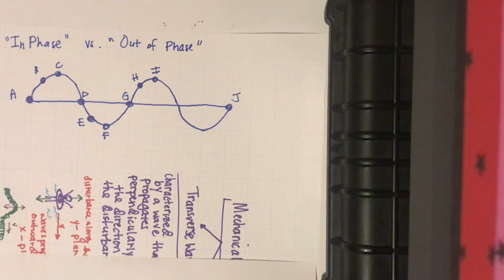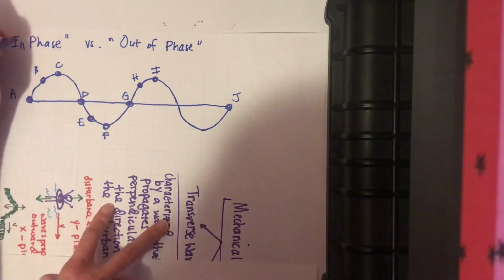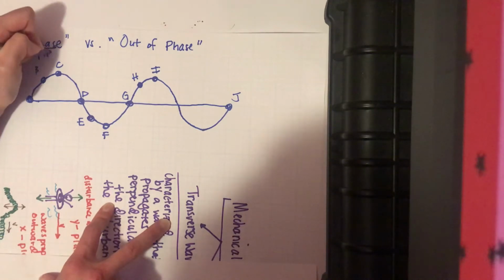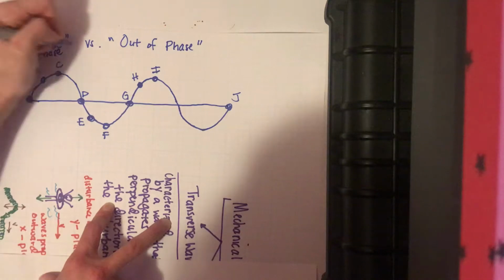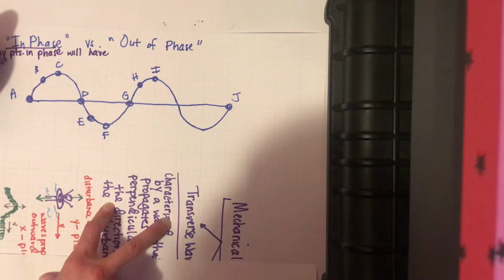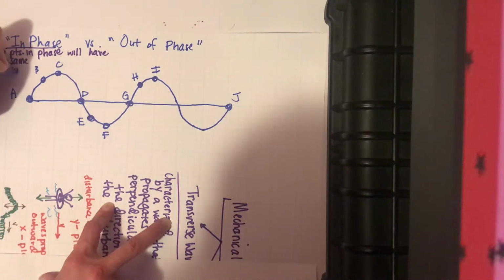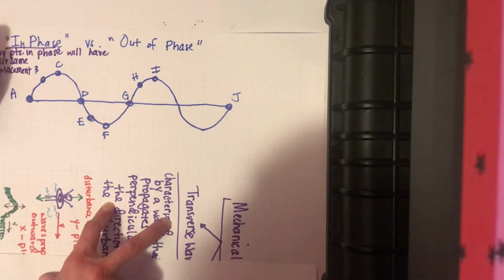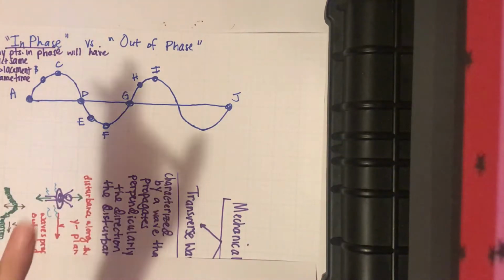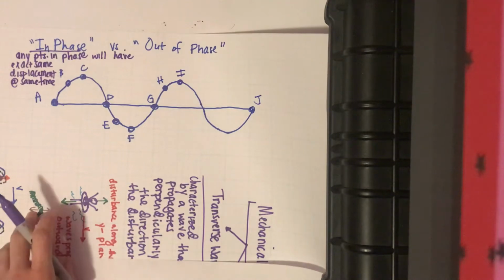In phase means that any points in phase will have the exact same displacement at the same time. Meaning they're going to oscillate the same distance and in the same direction as one another.